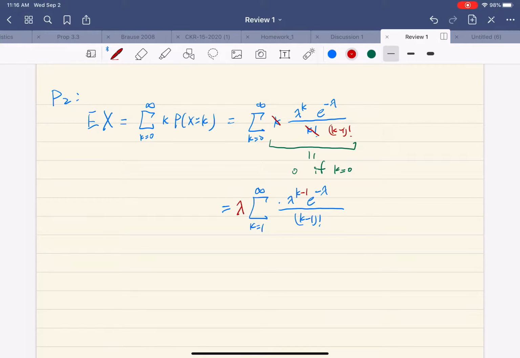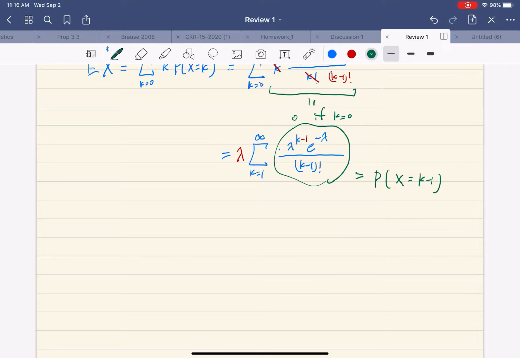And you can see this term is equal to the probability X equal to k minus 1. So what we have is lambda times the summation over k from 1 to infinity of the probability X equal to k minus 1.